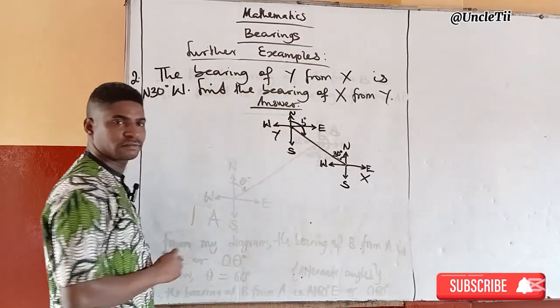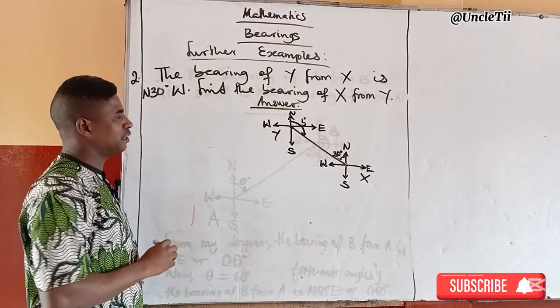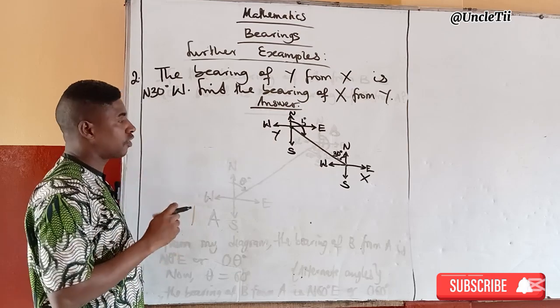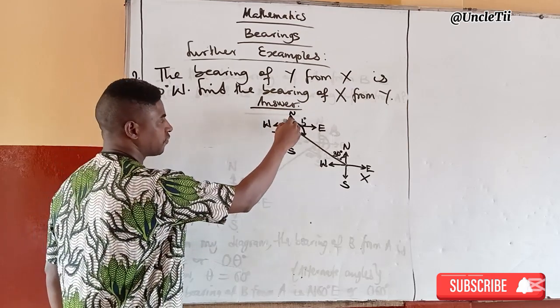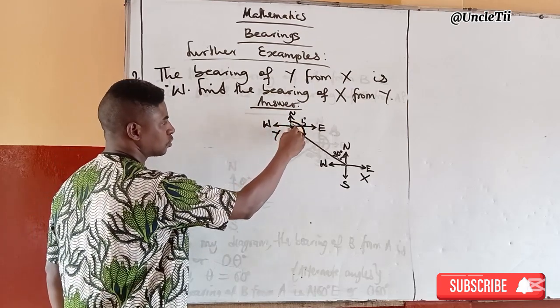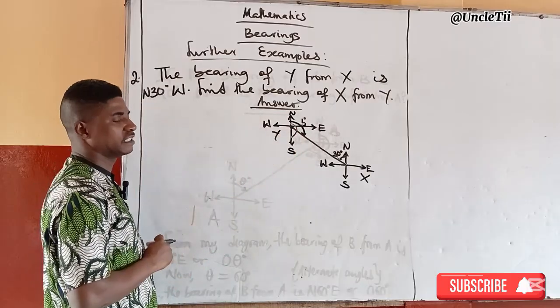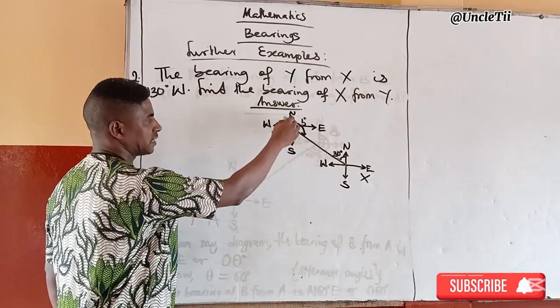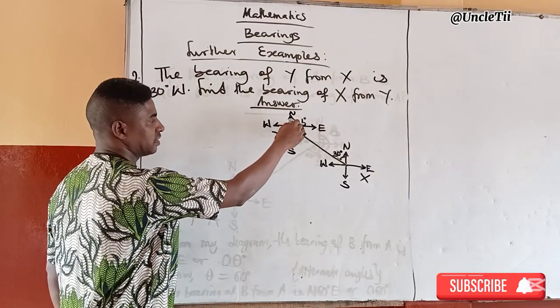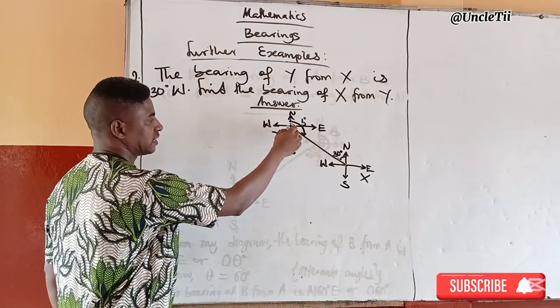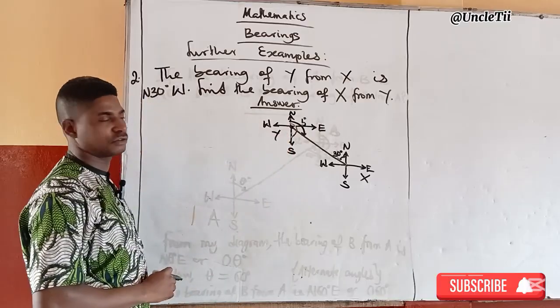b degrees. Then we have established without any iota of doubt that from the north to the south is 180 degrees, being 90 degrees from north to east and another 90 degrees from east to south.